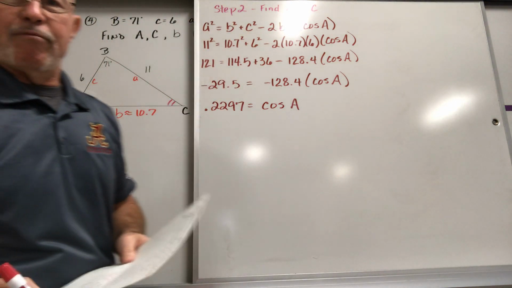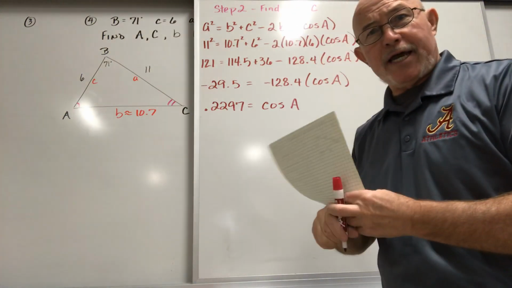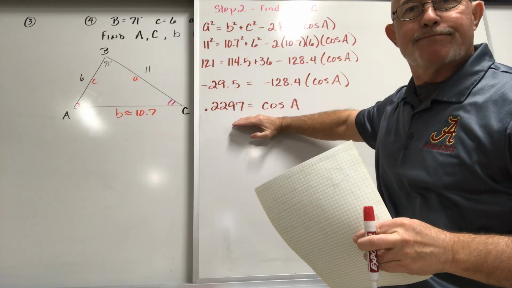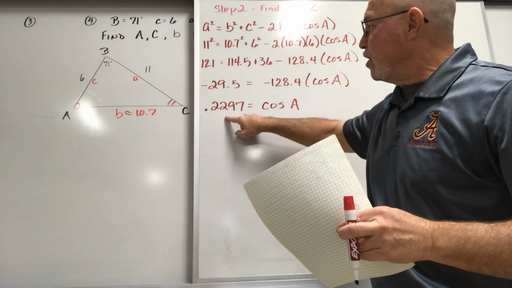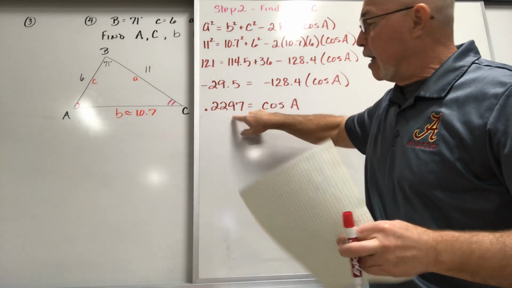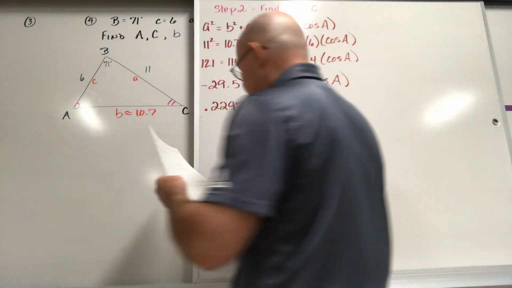Now, looking familiar again. Algebra, trig. So now we go down the cosine column, or go to calculator, number closest to that.